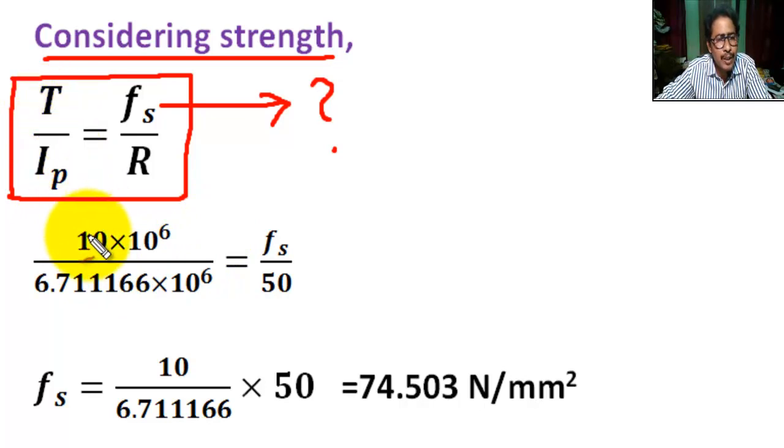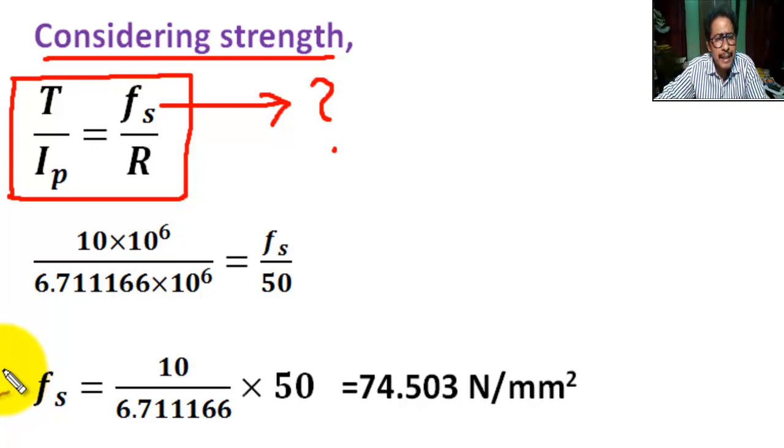Now we just put the value of T equal to 10 into 10 to the power 6 Newton millimeter, Ip equal to 6.71166 into 10 to the power 6 millimeter to the power 4. R equal to outer radius of hollow shaft, R equal to 50 millimeter.